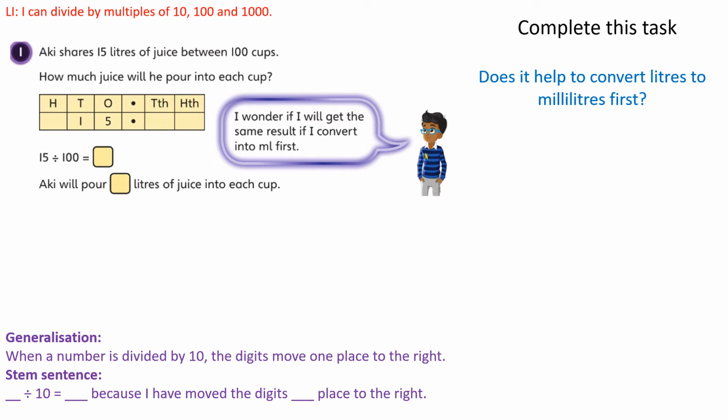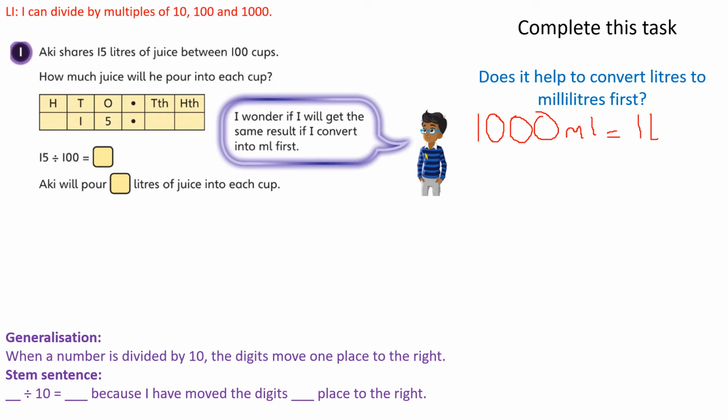Let's have a look at question 1. Aki shares 15 litres of juice between 100 cups. How much juice will he pour into each cup? I wonder if it would help if we convert litres into millilitres. Now I know that 1,000 millilitres is the same as 1 litre.